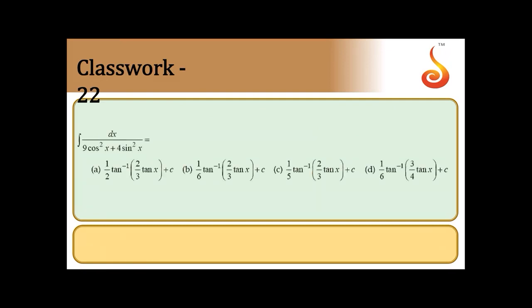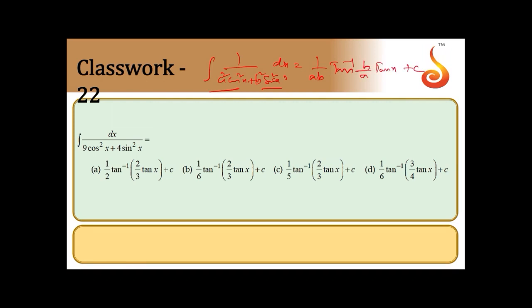Coming to the next one, integral 1 divided by 9 cos square x plus 4 sin square x. Of course, this can be written formula-wise. We know integral 1 by a square cos square x plus b square sin square x dx can be written as 1 divided by ab tan inverse of b by a tan x plus constant.